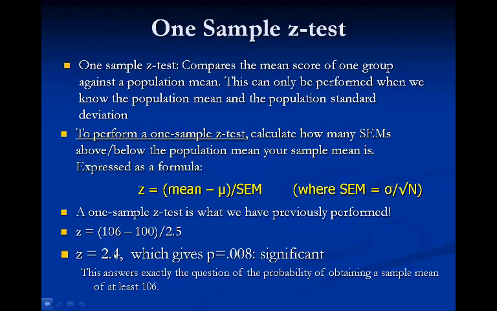If we divide 6 by 2.5, we get a z-score of 2.4, and when we look that up, we get a p of 0.008, which is significant. So this answers precisely the question that we asked earlier of what's the probability of getting a sample mean in a sample of 36 from the normal distribution of IQ, which is exactly equal to 6 points above or below the mean. That would be the two-tailed version.